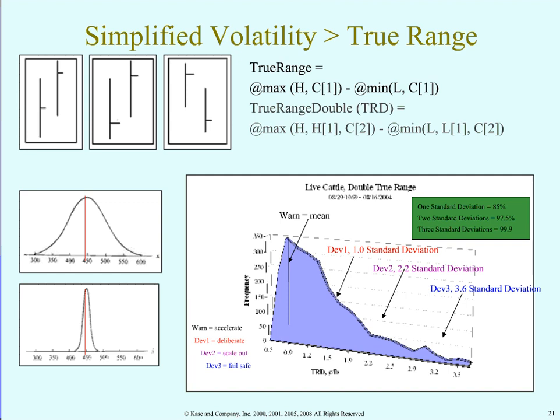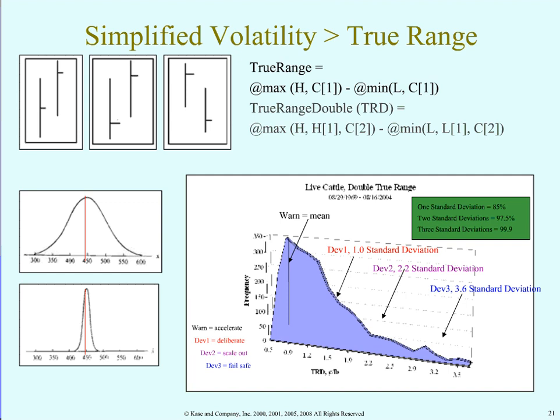Now we're going to talk a little bit about how to measure a statistically significant turn. And the reason this is important, I'm on slide 21. Can everybody see that? I'm on slide 21, simplified volatility true range. And so for those of you who don't know what true range is, it's a very common measurement that is used in the market.